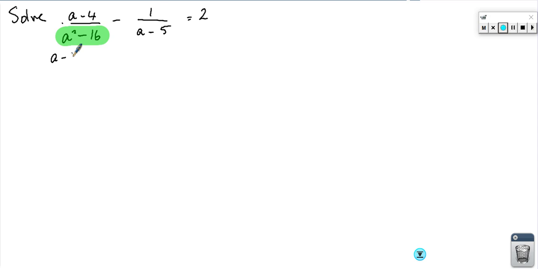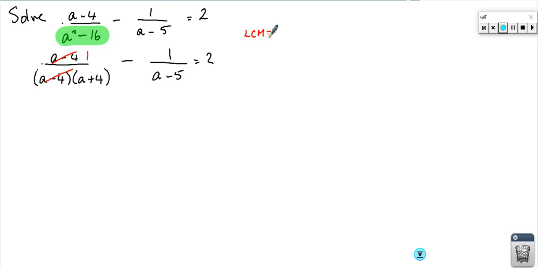I have (a - 4) over a squared minus 16, which is the difference of 2 squares. It leaves (a - 4)/((a - 4)(a + 4)) - 1/(a - 5) = 2. As we can see here, a - 4 cancels out, leaving 1 on top. Okay, so now we find the LCM. So the LCM this time is (a + 4)(a - 5).